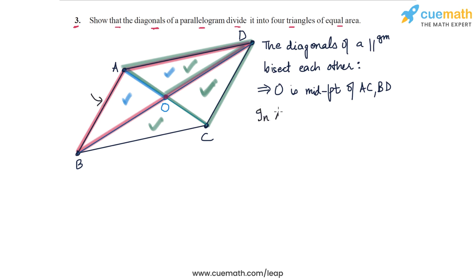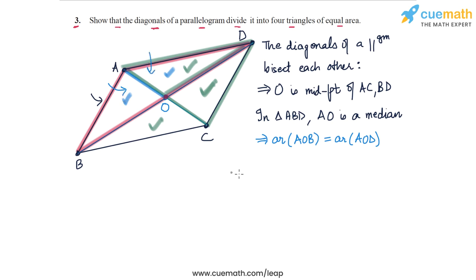So in triangle ABD, O is the midpoint of BD, so AO is a median, and we know that a median divides a triangle into 2 triangular parts of equal areas. So AO is a median, means that the area of triangle AOB will be equal to the area of AOD. So basically this small triangle here, AOB and AOD, they will have equal area.